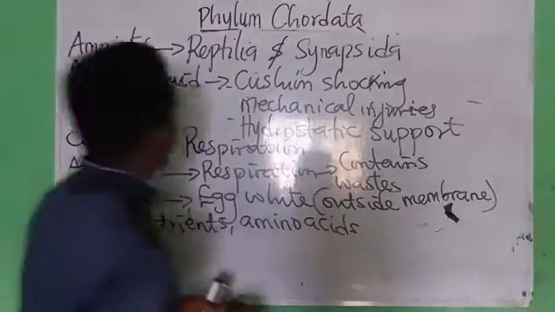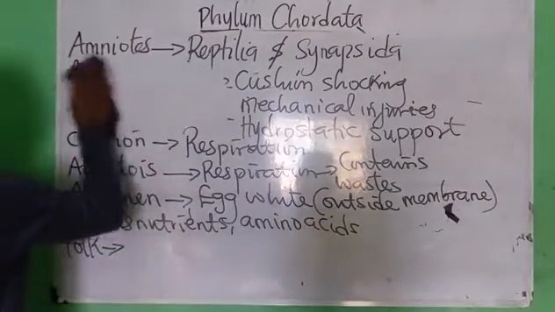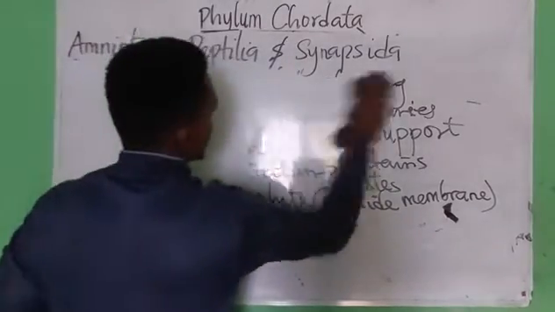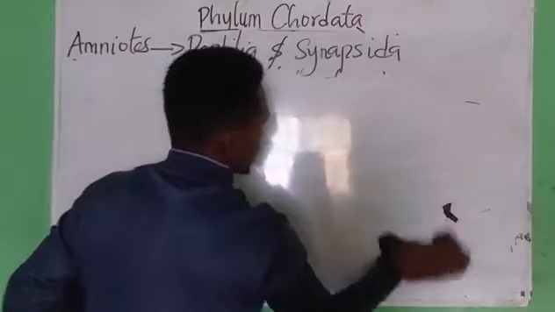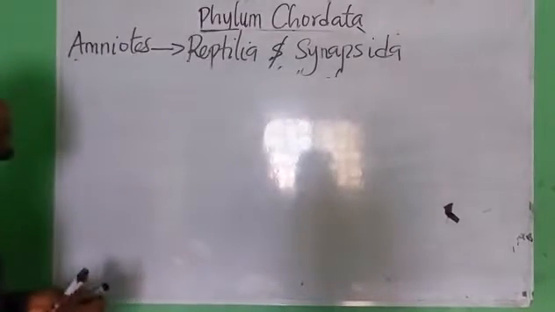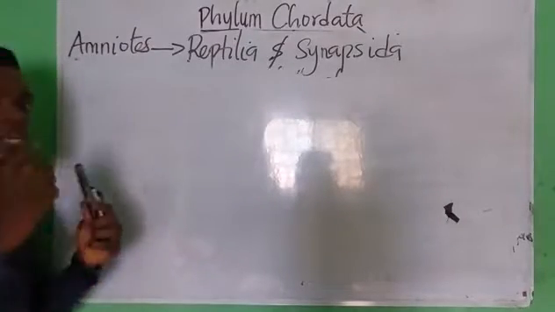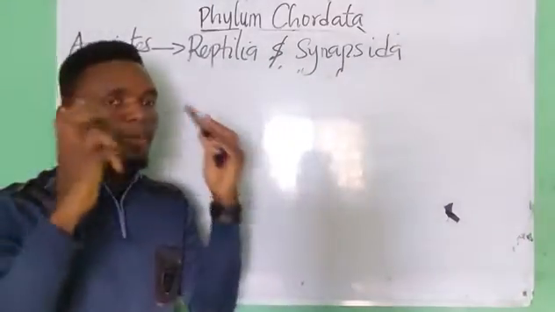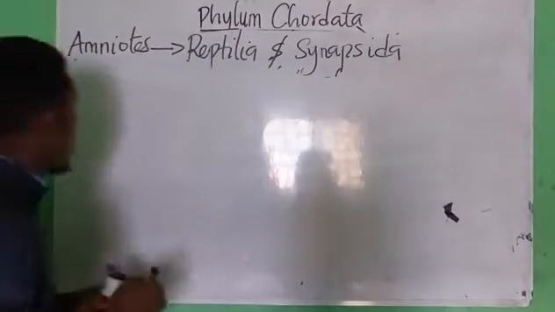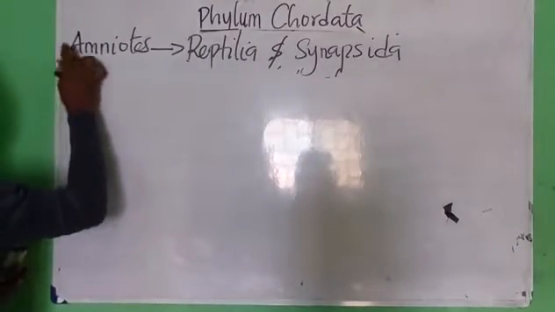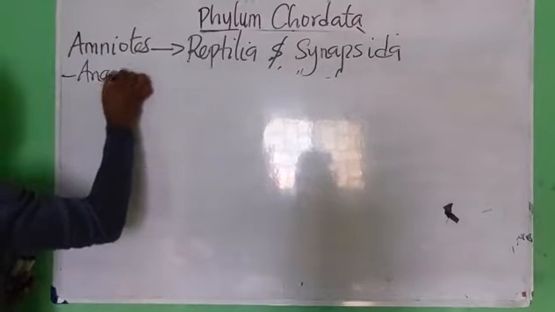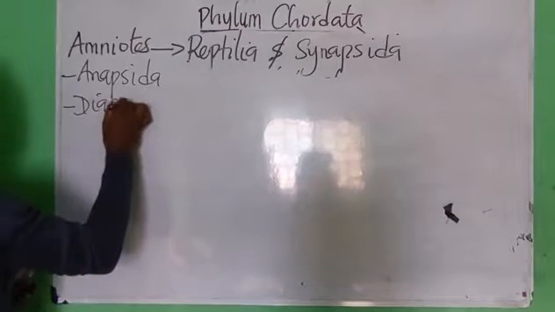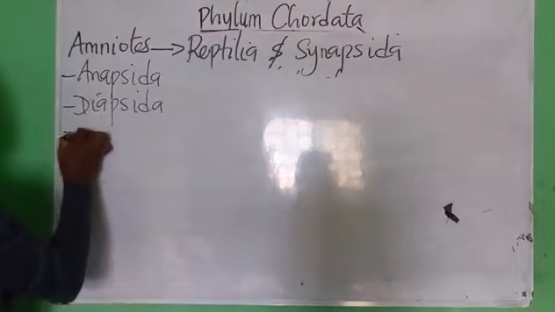All right. Now I said that amniotes are divided into Reptilia and Synapsida. Now, based on the nature of the skull, we have what is called anapsida, diapsida, and synapsida.